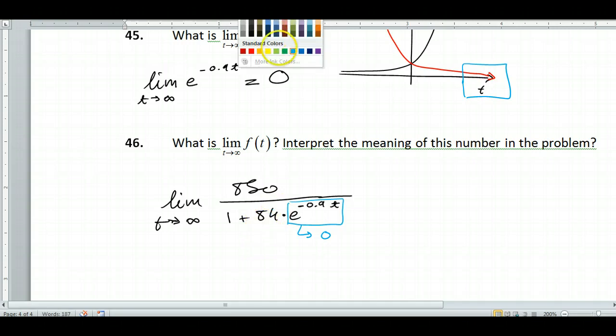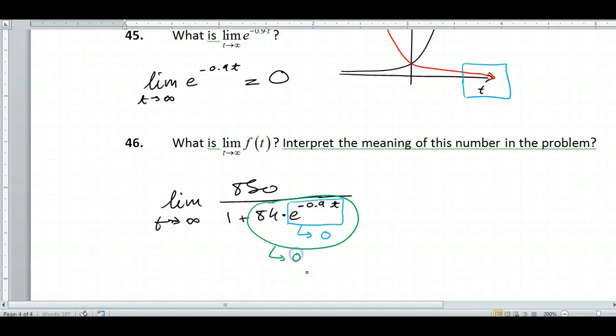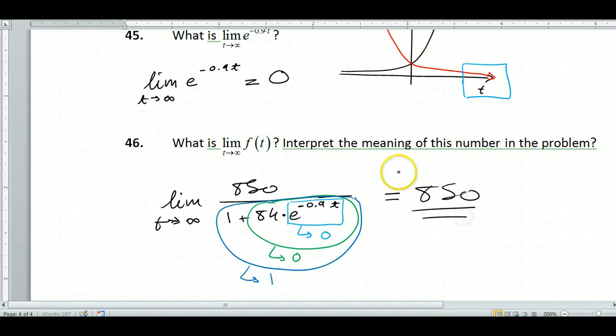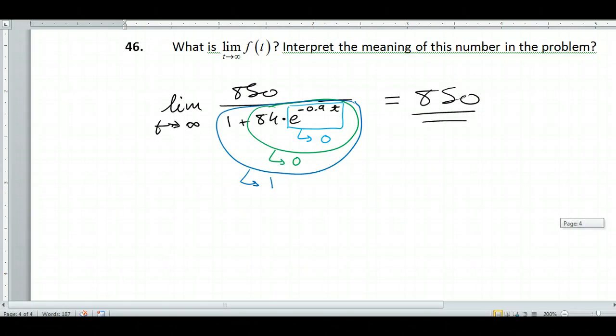Therefore, you multiply 0 by a number, you're still gonna find 0. And what happens when you add 1 to 0? 0 plus 1 is not 0, it's 1. And so what happens now when you divide 850 by 1? You find 850.